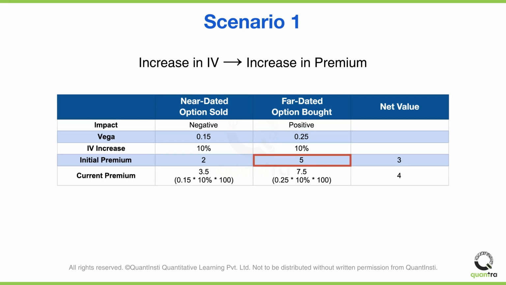For example, if the Vega of the far-dated option is 0.25 and the Vega of the near-dated option is 0.15, an IV increase of 10% will increase the far-dated option premium from $5 to $7.5 and the near-dated option premium from $2 to $3.5. Initially, the spread, which is the gap between the premiums, was 3, but now the spread has widened to 4, increasing the profit potential.